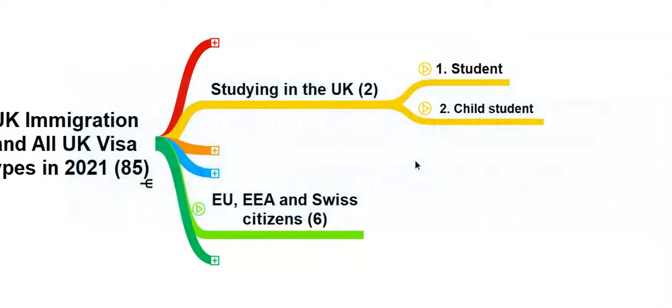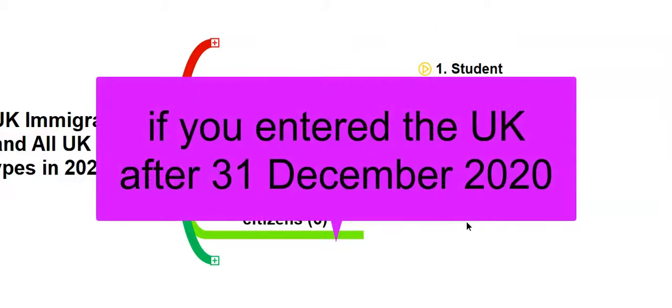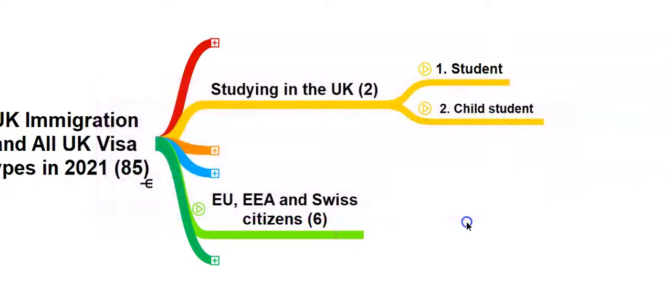If you were and you have a settled status or pre-settled status under the EU settlement scheme, this means that you don't need to apply for a visa in order to remain here as a student. However, if you travel to the UK after 31st of December 2020 and you are not a qualifying family member of an EU citizen, then chances are that you will need to apply for a visa.